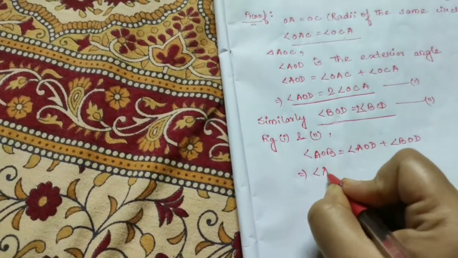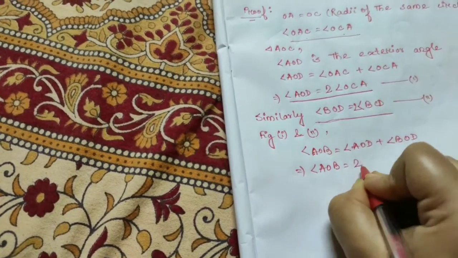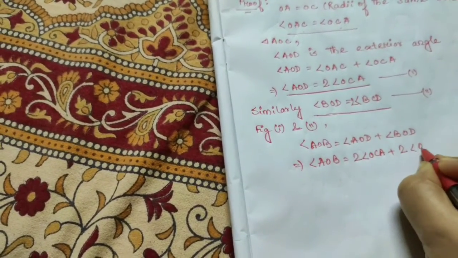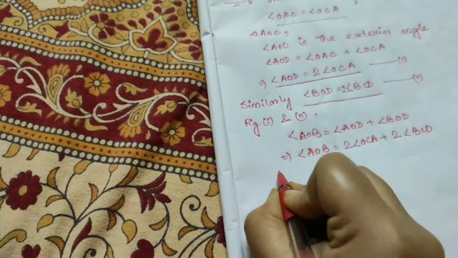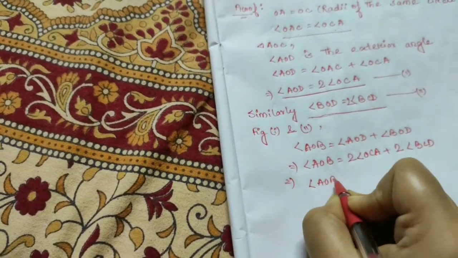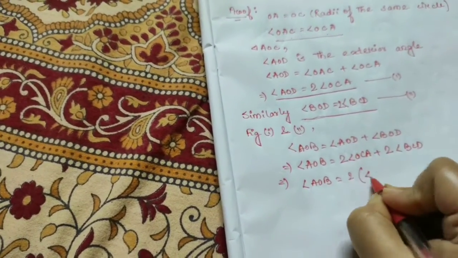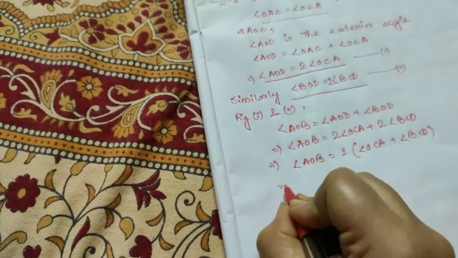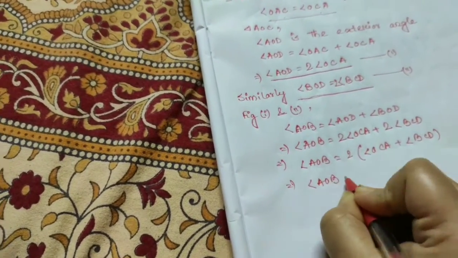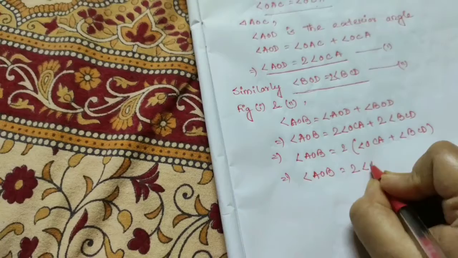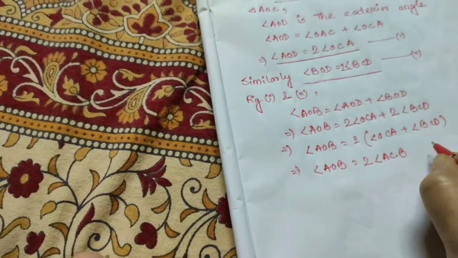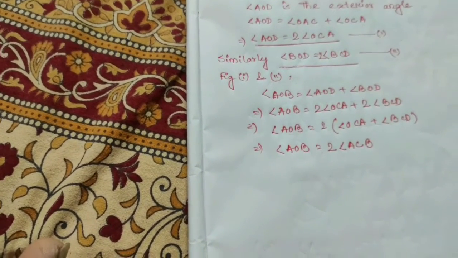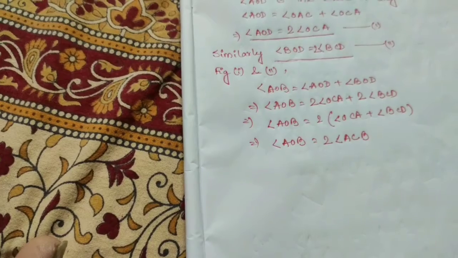Then angle AOB is equal to twice of angle OCA plus twice of angle BCD. Then angle AOB is equal to twice of angle OCA plus angle BCD. That implies angle AOB is equal to twice of angle ACB.